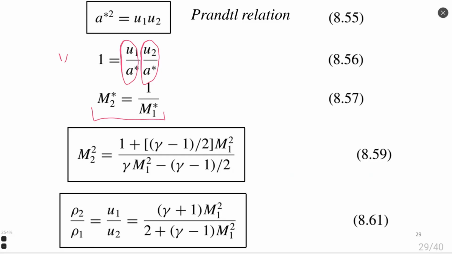If you know M1 asterisk before the shock wave, you can easily calculate M2 characteristic after the shock wave. I would like to remind you that characteristic Mach number is a Mach number which uses not the usual speed of sound, but the speed of sound of gas where the flow is sonic, where Mach number is equal to 1.